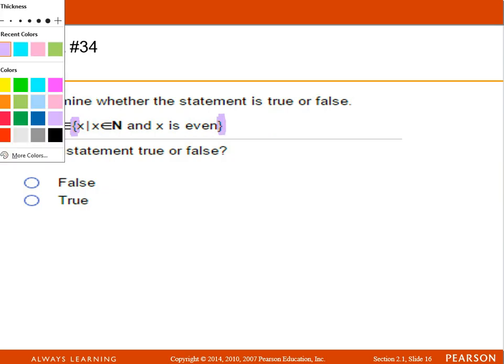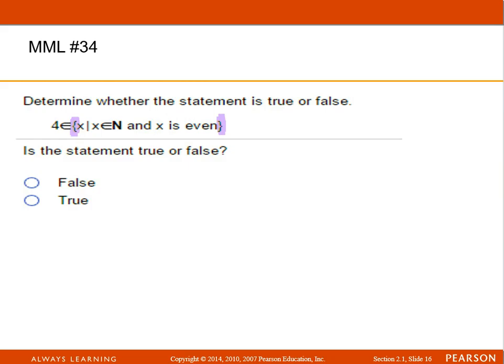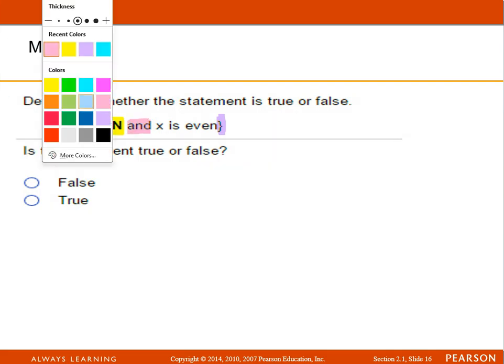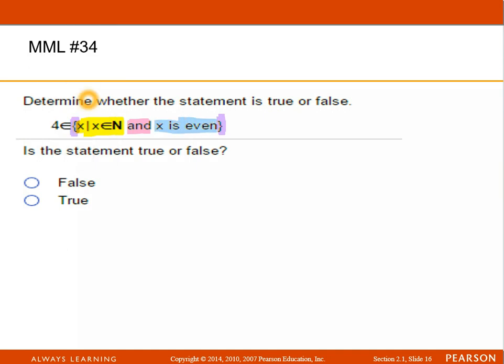The set of X such that X is an element of the natural numbers and X is even. So the number 4 has to be both the yellow stuff and the blue stuff to be in this set.